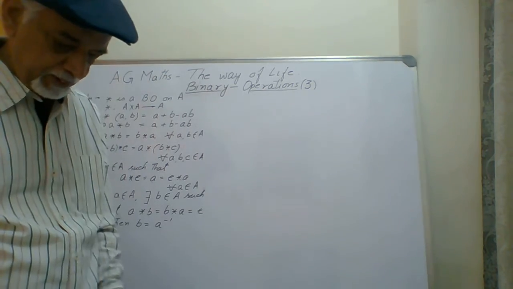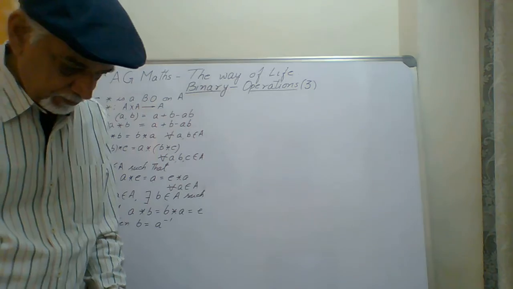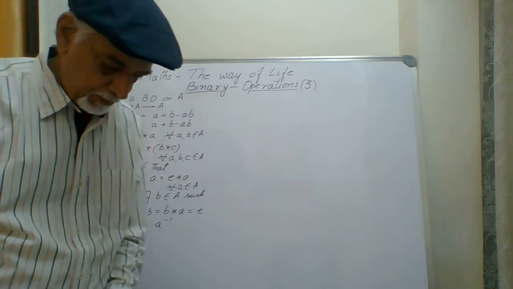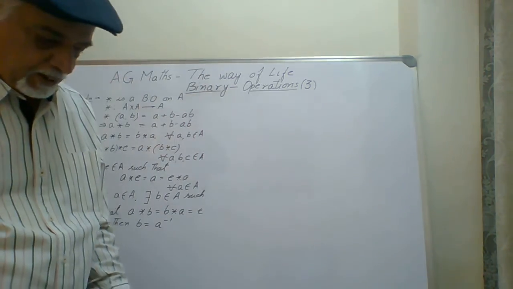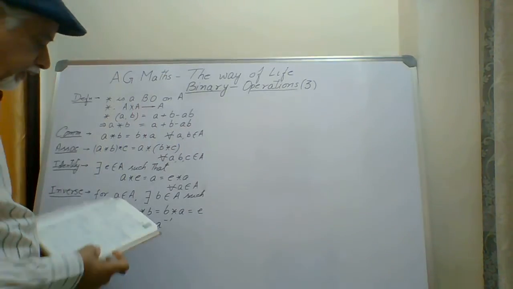Now these things we will clarify with the help of some example. I take an example here. To discuss the commutativity and associativity, I write the problem here.